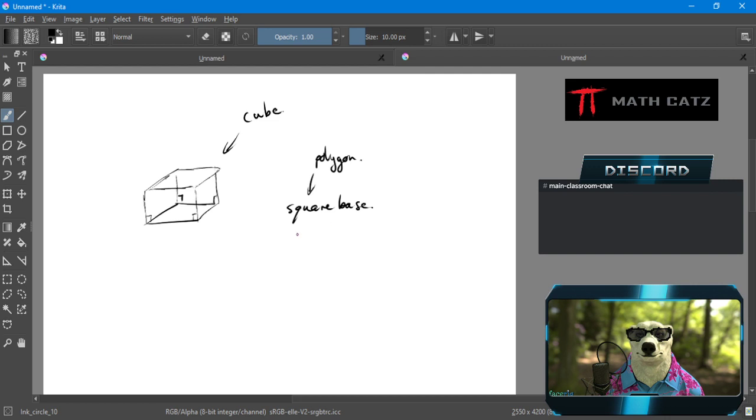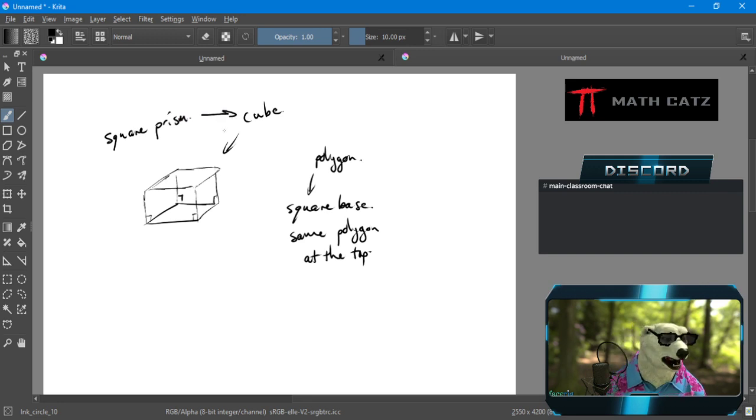Square base and the same polygon at the top. Perpendicular sides. Base at the bottom, same shape at the top. And a square prism is the same as a cube.